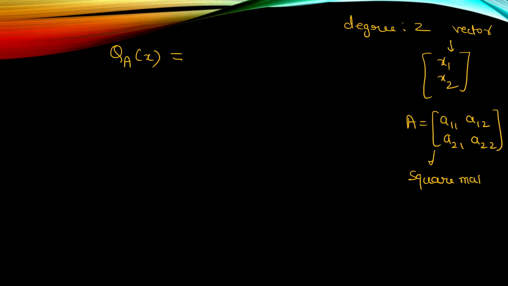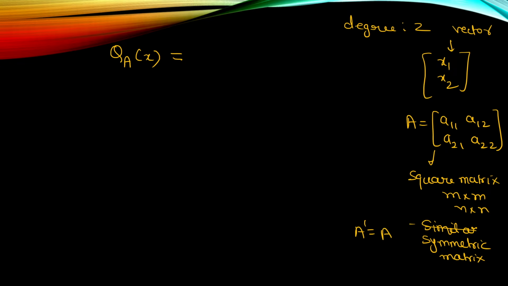That means it has to be of order m by m or n by n. And this matrix has to be a symmetric matrix. What do we mean by symmetric matrix? Whose transpose is equal to itself, right?